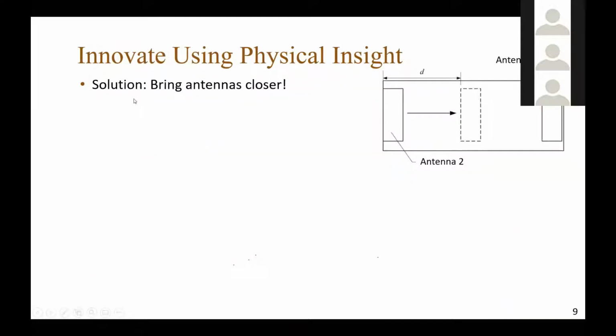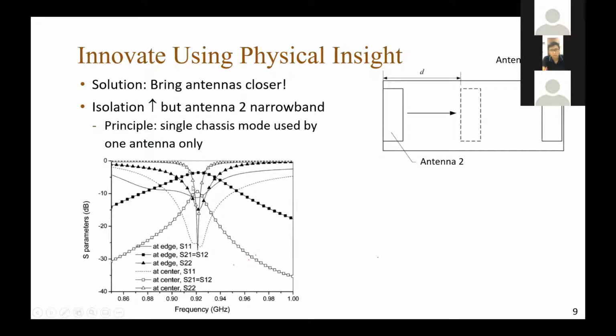Well, the solution is not so intuitive. We can move antenna 2 to the center of the chassis so that this antenna will no longer excite the same characteristic modes. It will just behave as a self-radiating element without relying on the chassis, which is why the isolation can increase. But because it uses its own size for radiation, it's very narrow band, just a smaller antenna.